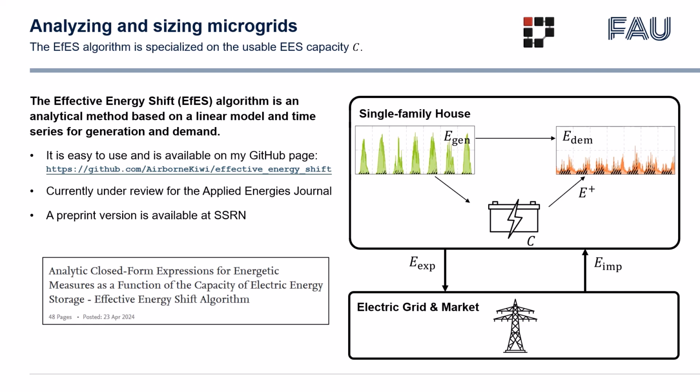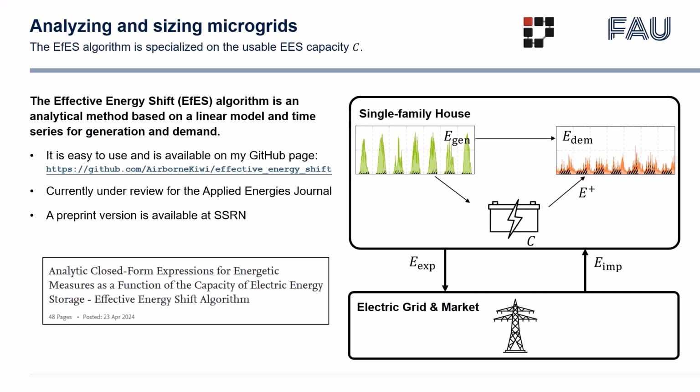The effective energy shift algorithm is an analytical method based on a linear model, and it uses time series for generation and demand, which you can see here on the right. On top, E-gen is a graph for a typical photovoltaic curve. So you can see the peaks during the midday hours.